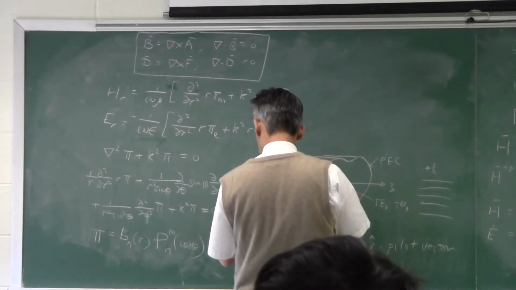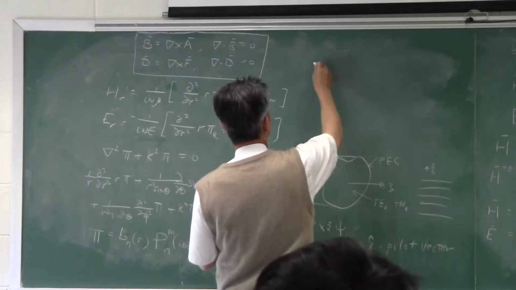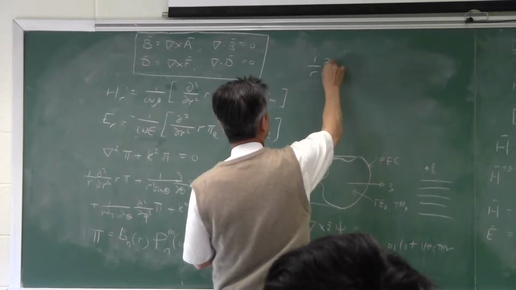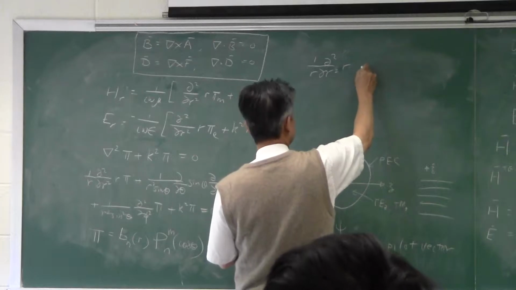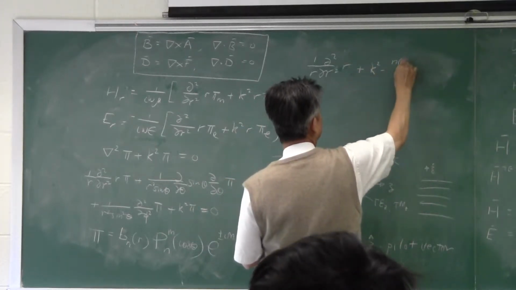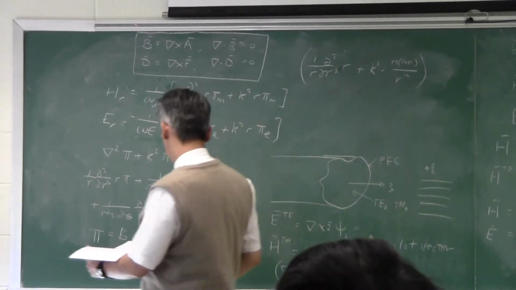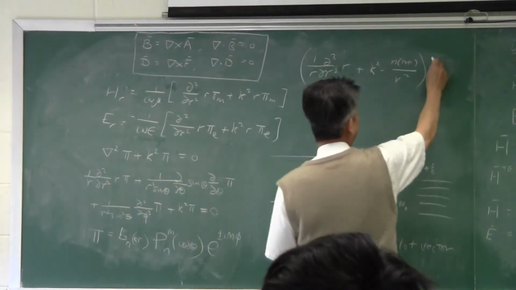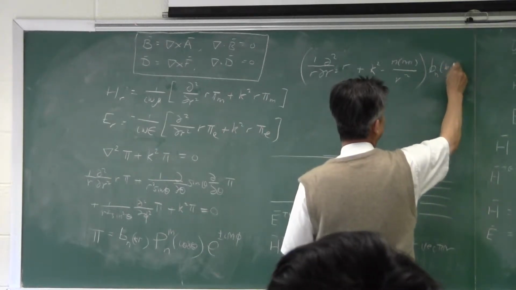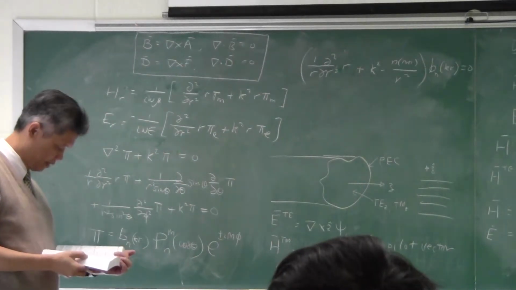Then you can show that the simplification is that b_n'' plus 2 over r b_n' plus k squared minus n(n+1) over r squared, in the textbook I call this k, let me just put the k back in there, b_n(kr) equals 0. This is called the spherical Bessel equation.